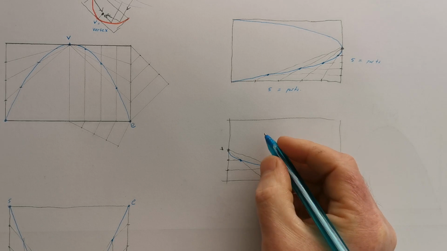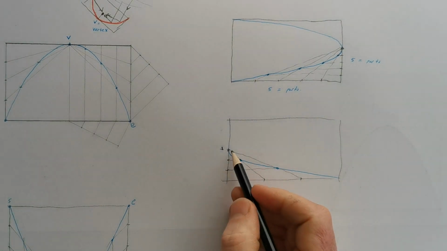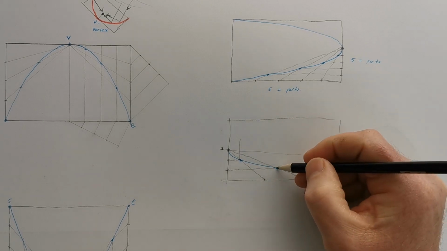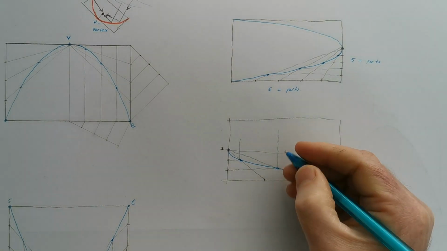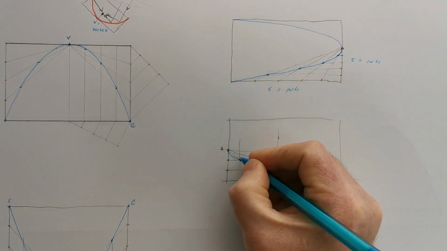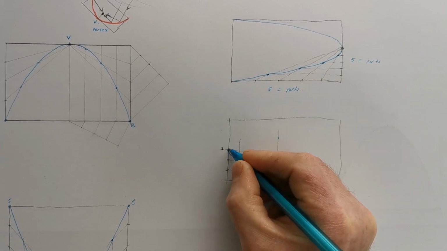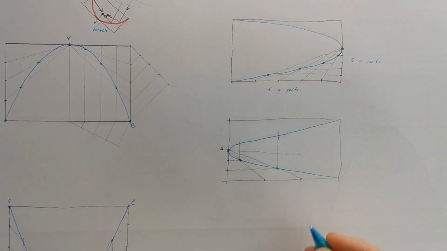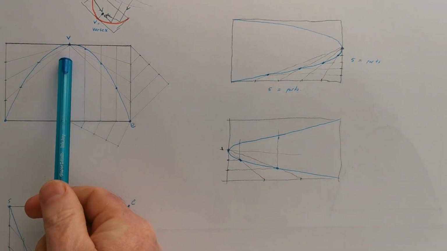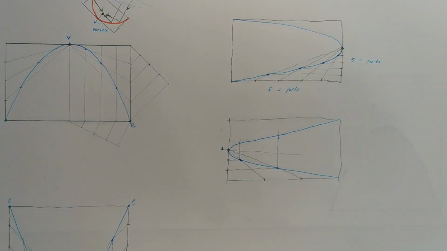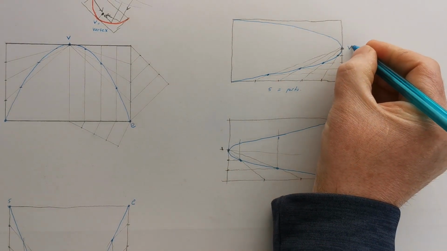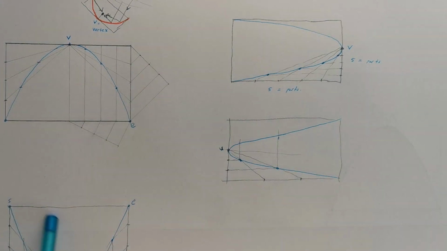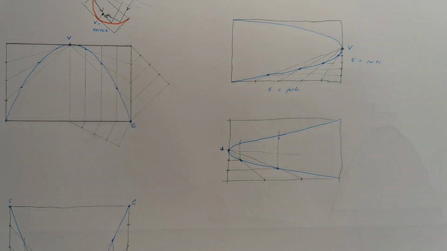But, and again, because that's symmetrical, you can just transfer them across the center line. Okay, so that's normal parabola, upside down parabola, vertex to the right, vertex to the left, and that's a good practice sheet there then for drawing parabolas.